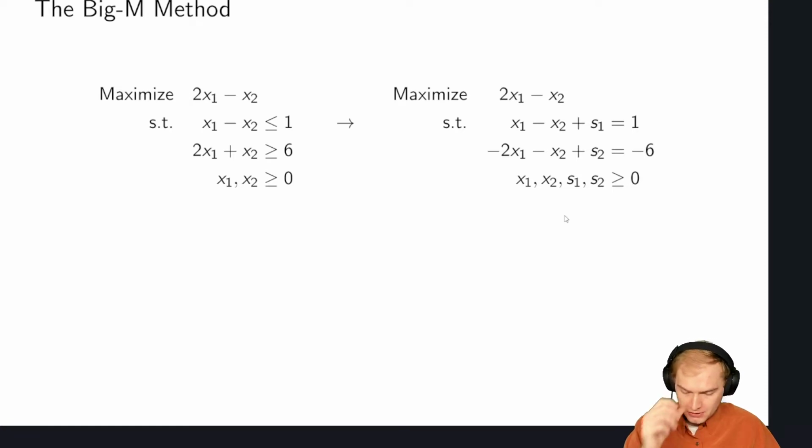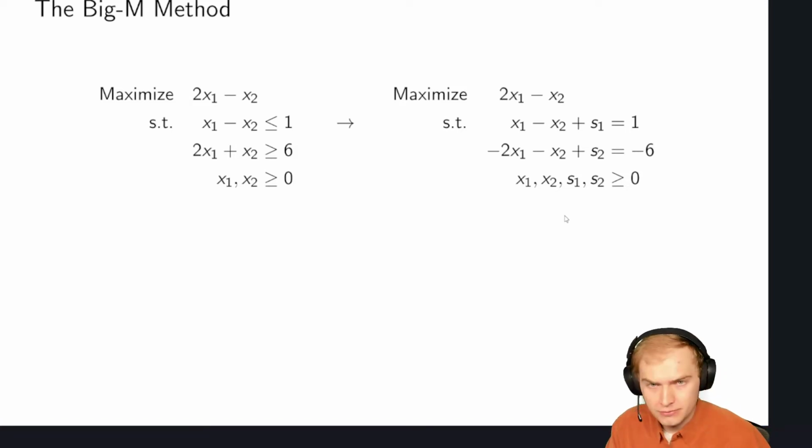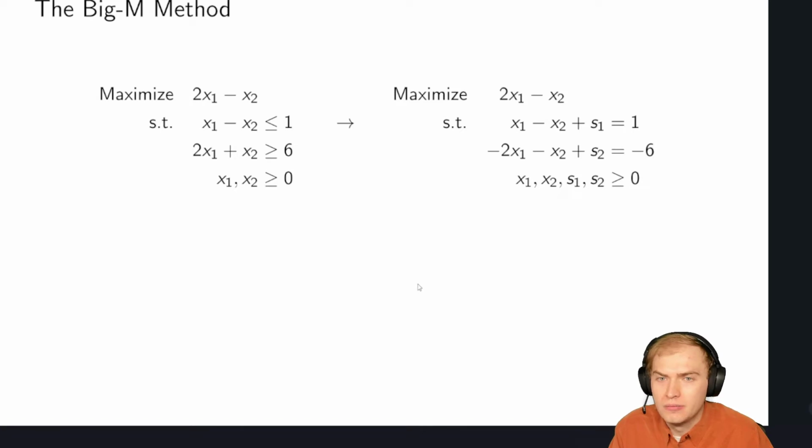It may be far too large in general to look at and find a feasible basis just off a hunch. We need some kind of systematic way to find these things. So the first method is the big M method. That's what it's called. If you remember, we used a sort of a big M in our logic constraints back on lecture 3.